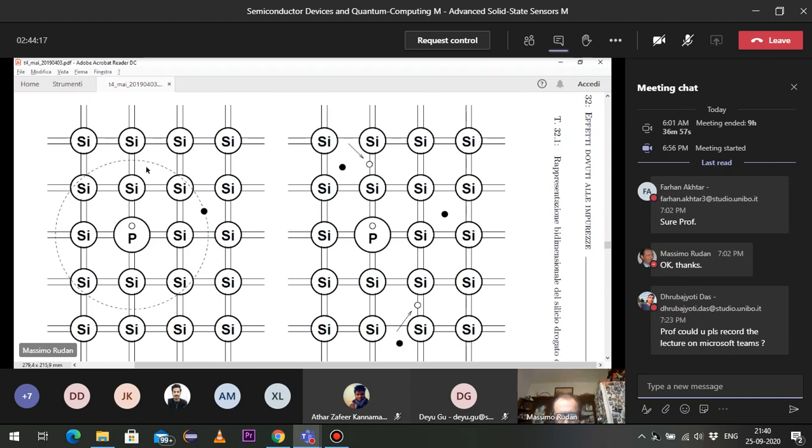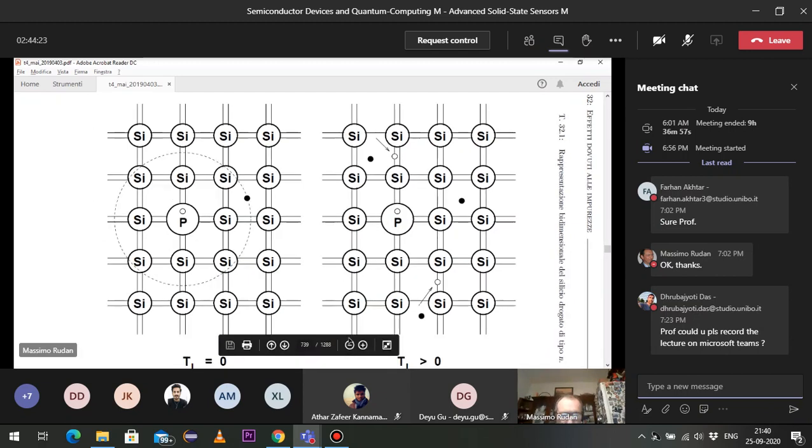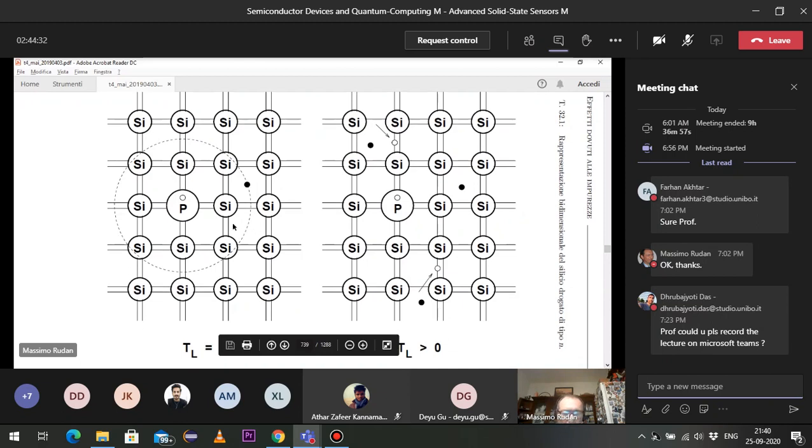So we imagine that we have introduced atoms of phosphorus into the silicon crystal. This introduction is made with special technological processes such that, as you can see from the figures, each atom of phosphorus takes a position in the crystal lattice of silicon, takes a position that would be the position of a silicon atom.